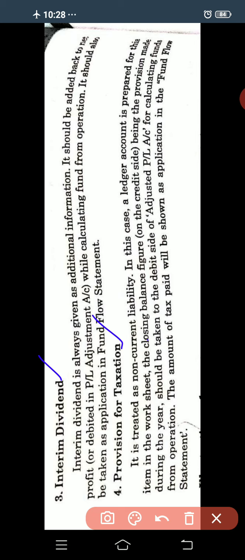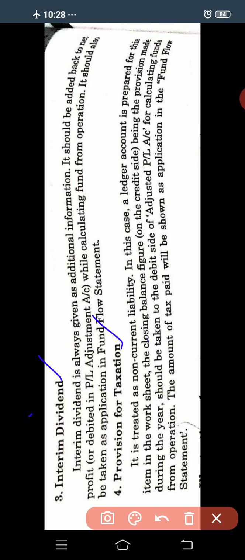So if there is any provision for taxation, it is a non-current liability, so we have to prepare a separate ledger account for this. And the amount of tax paid will be shown as the application in the fund flow statement.